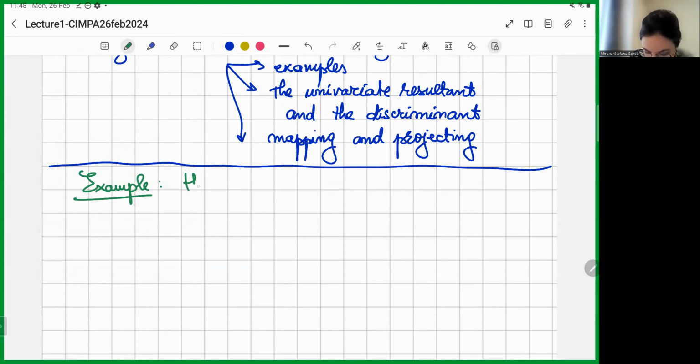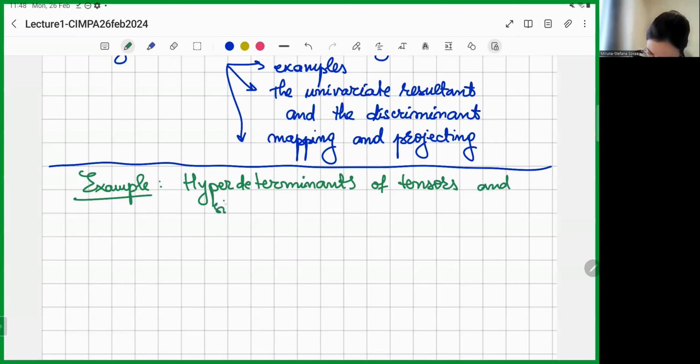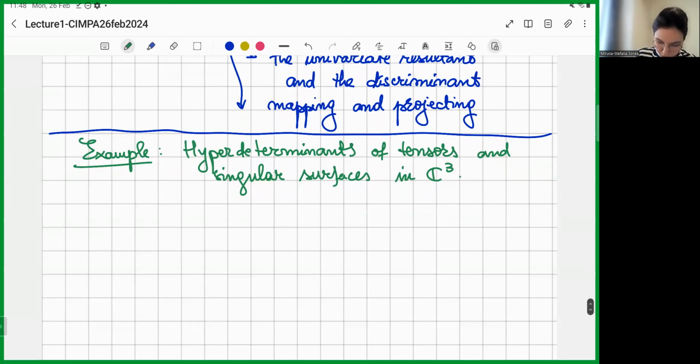I will call it hyperdeterminants of tensors and singular surfaces, in C3, let's say. For a while, I will focus on a book that I recommend you to read.